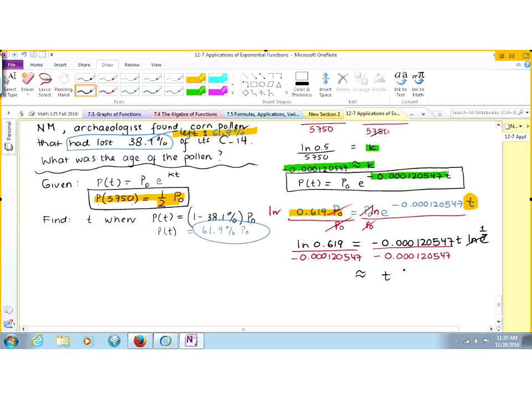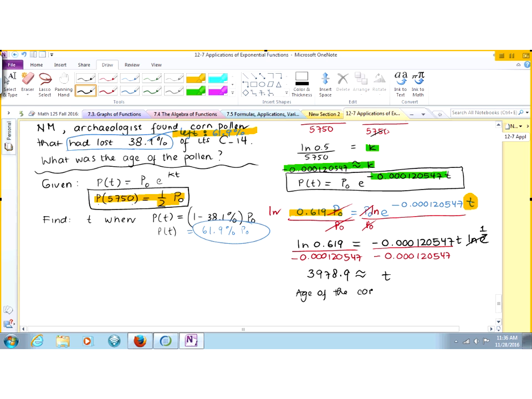Okay, so what is the approximate value of P? Ooh, wow, they did the farming that long? Yes, so ln 0.619 divided by negative 0.000120547. Oh, 3,900, approximately 4,000 years ago? Wow.